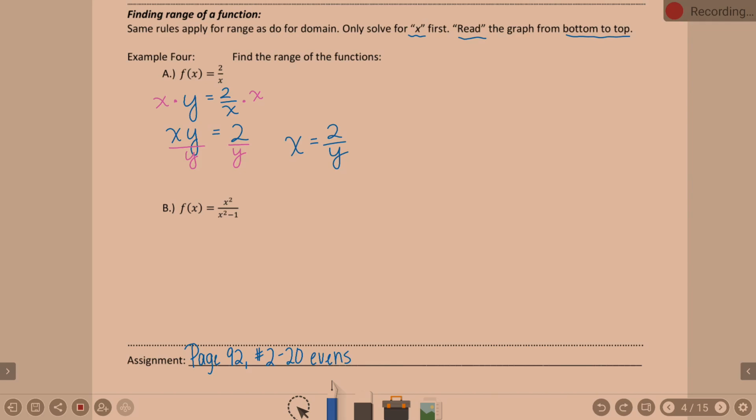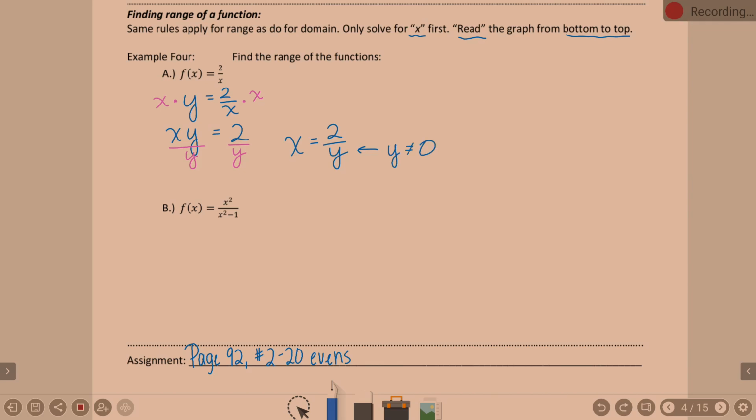It's range now, so think in terms of y. What issues do we have with the equation before we look at the graph? Right there, folks. Denominator cannot equal 0, so what do we know?